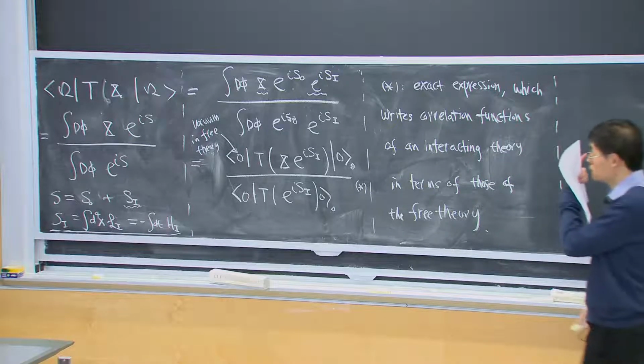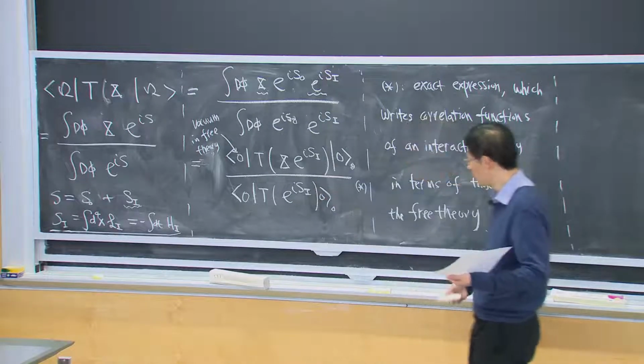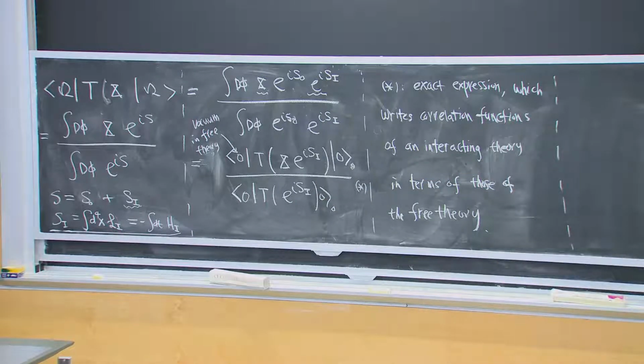So now these are just some correlation functions in the free theory. Both upstairs and downstairs, we can, in principle, evaluate as we discussed before in free theory.